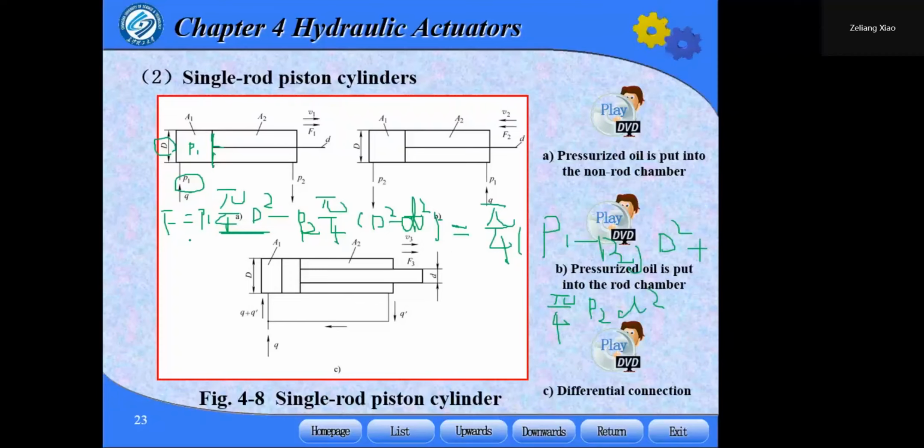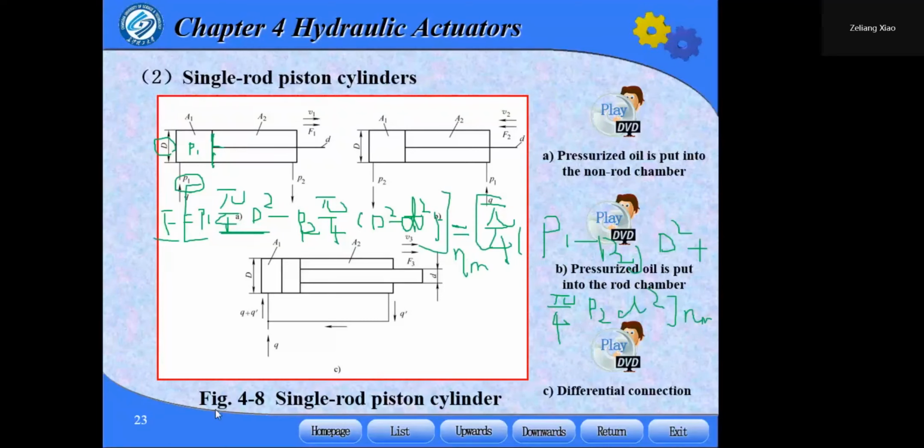So there exists the mechanical efficiency, which multiplies into the force.